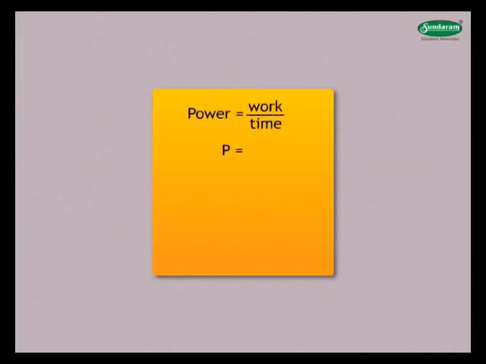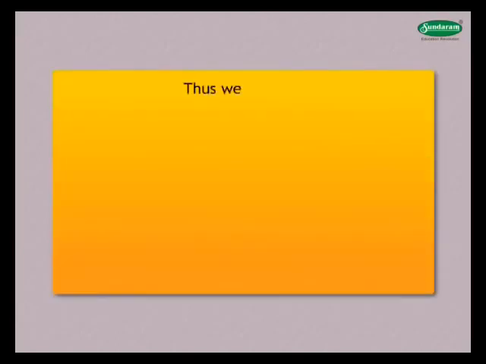P = W/t, but W = VIt joules. Therefore, P = VIt/t. Therefore, P = VI. Thus we get electric power is equal to voltage into current.